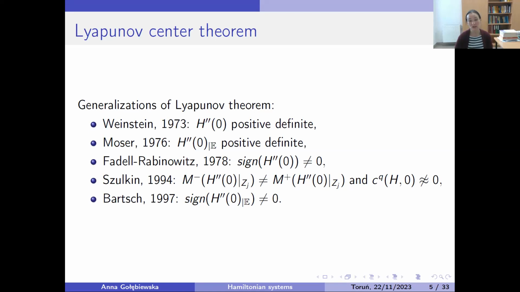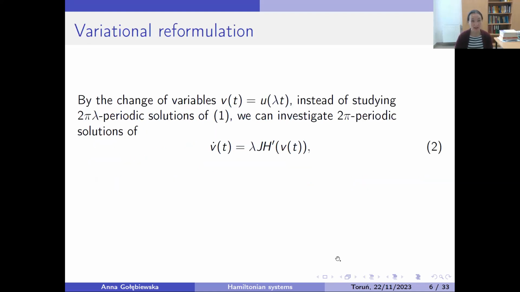By signature, we understand here the difference between the number of positive and negative eigenvalues. So, okay, here is only for information. There are a lot of results generalizing this theorem. And then we also want to give some generalization. And we do it with some variational methods, in fact, topological methods, but with variational reformulation.